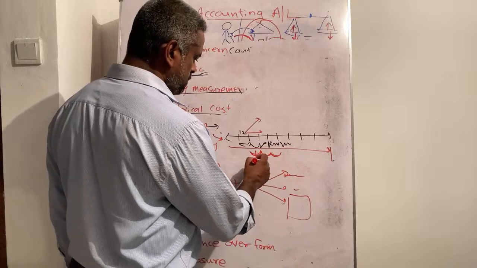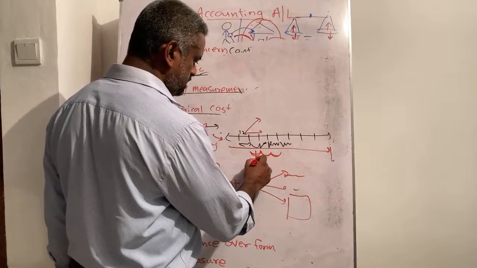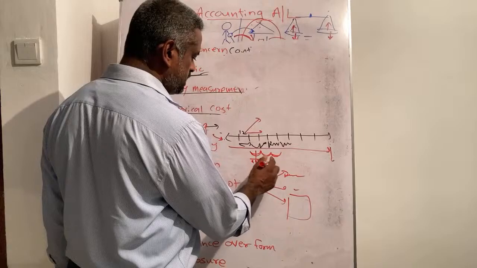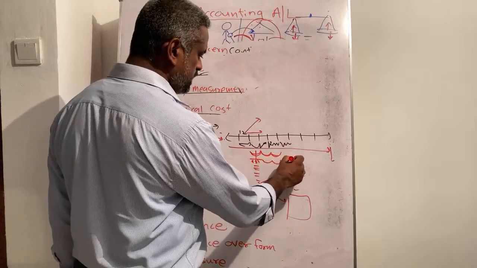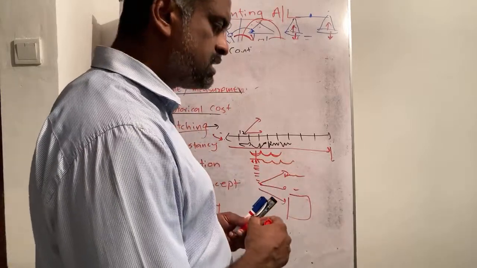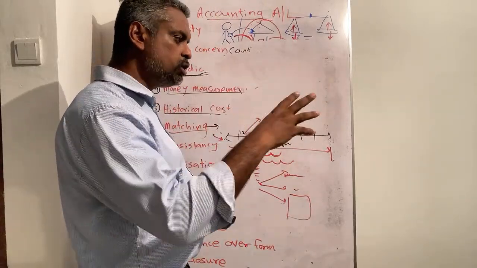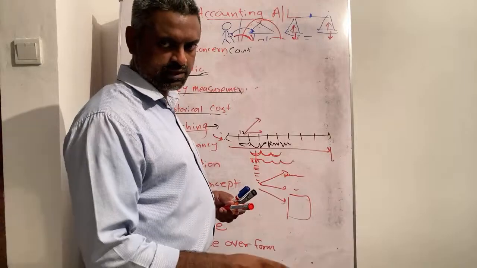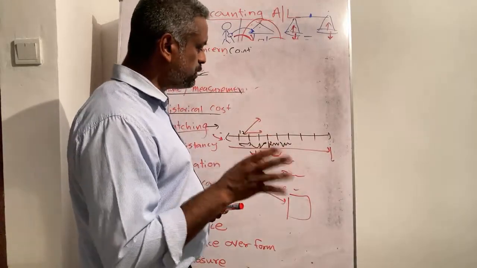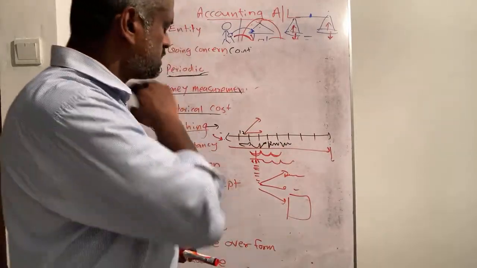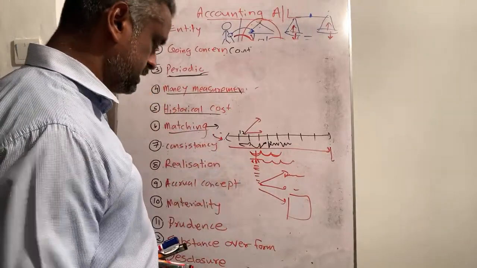Consistently in the sense, if you have chosen something during this period, that should be continued to the next periods also, unless you have a proper argument in order to change that. That is the argument here with the consistency method.